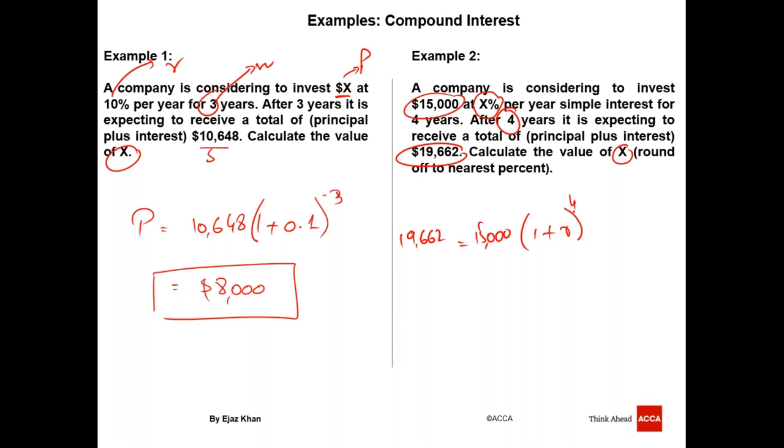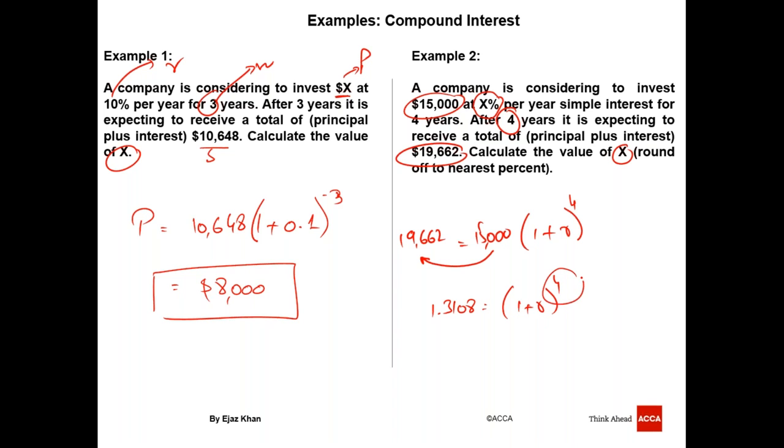So is it 7%? Okay, all you have to do is to divide this figure here. And if you do so, you will get 1.3108 is equal to (1 plus r) raised to the power 4.